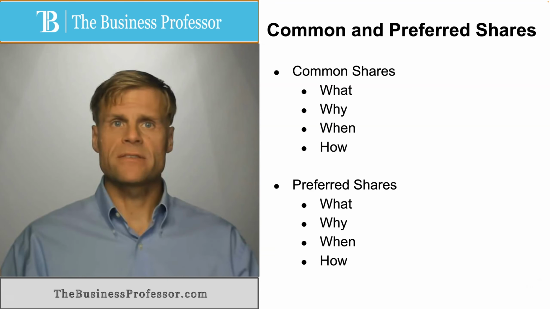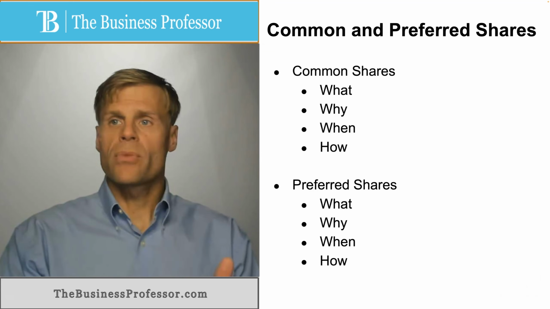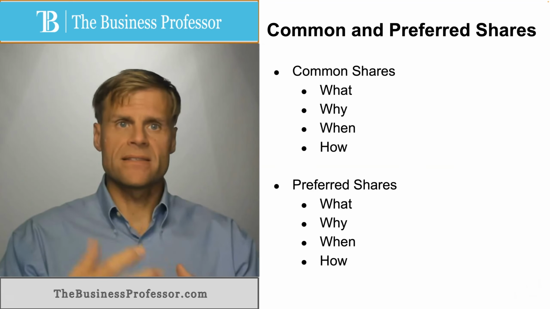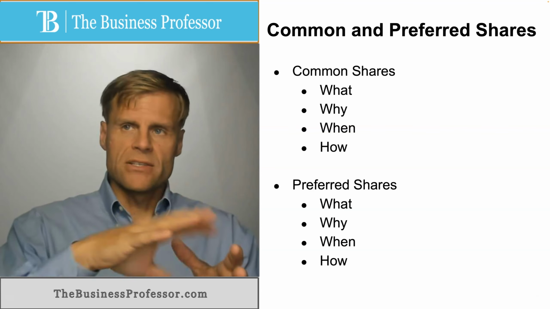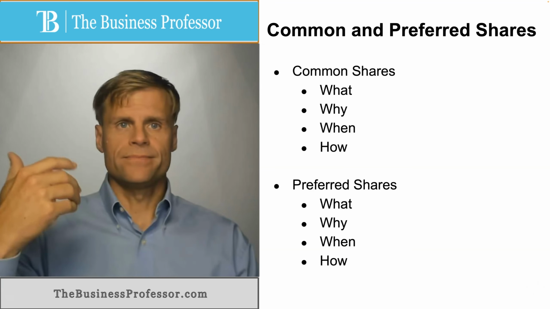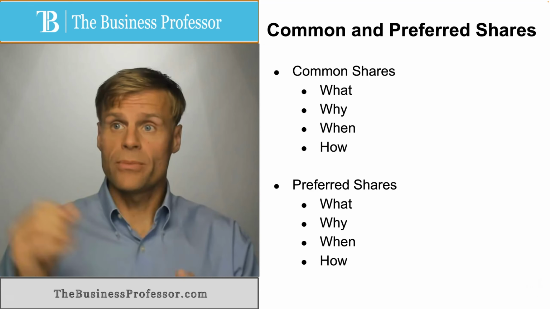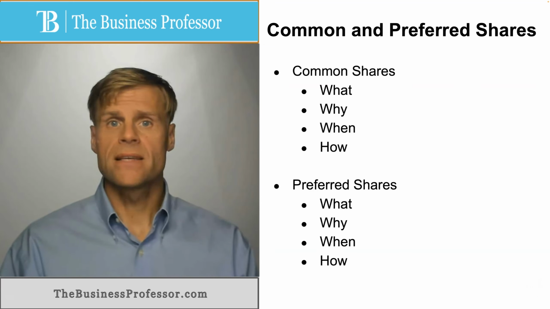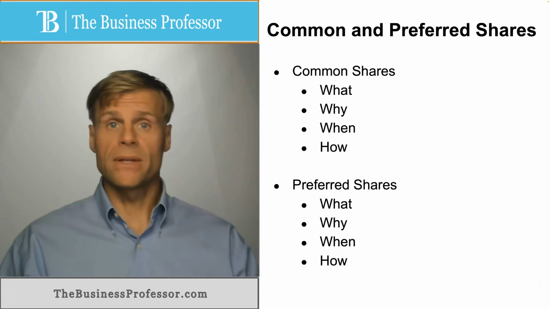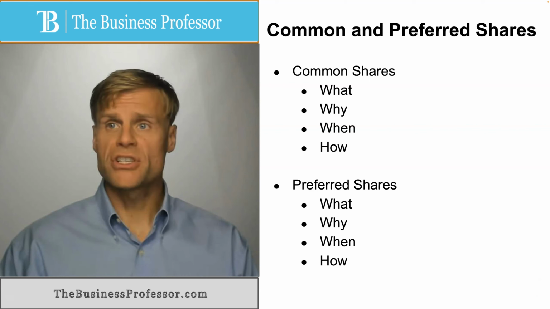These preferred shares may have specific voting rights, specific information rights, specific rights to priority of payment of dividends, or if the company's sold, a liquidation preference, that is the amount of money invested is returned to them, or some multiple of that is returned to them in advance, redemption rights, tag-along rights if the shares are being sold by the company or others in the company are selling their rights, registration rights, the ability to register the company for public sale of the interest, conversion rights, the ability to convert the shares into common shares.